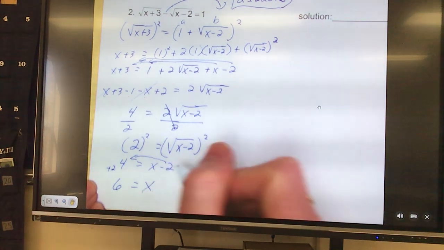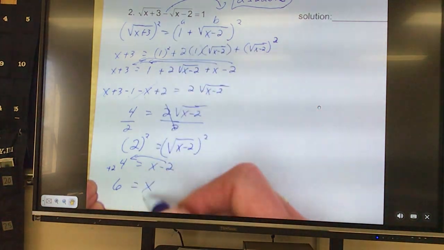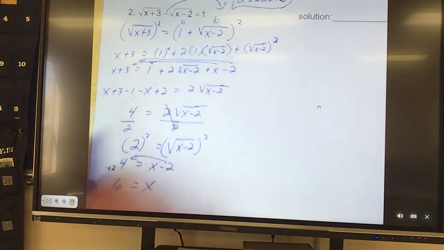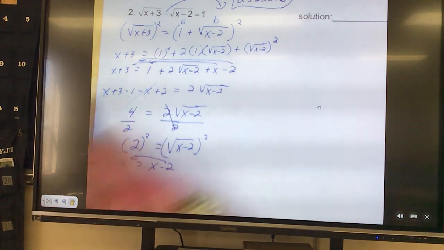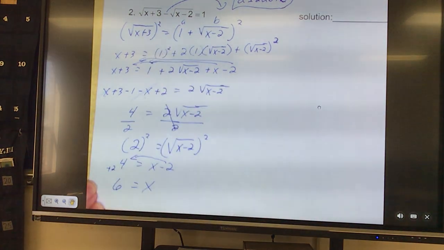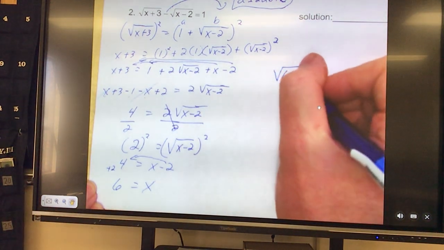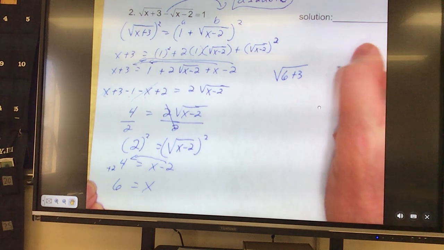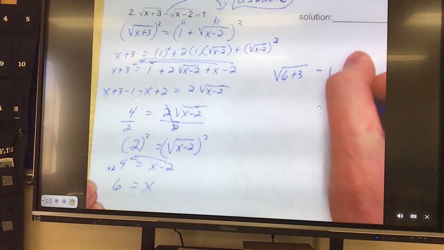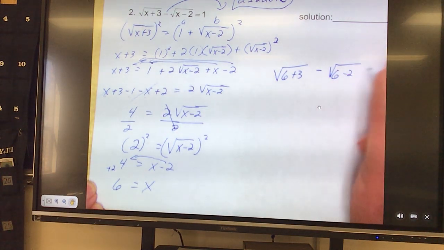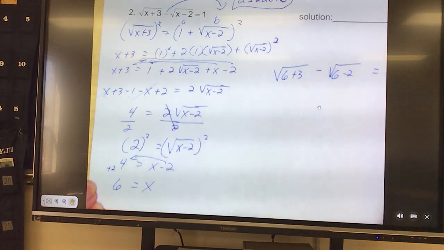Okay, so with that being said, I'm going to plug 6 back in for x in my calculator, hit enter, and hope it equals 1. So I'm going to have square root 6 plus 3 minus square root 6 minus 2, and hope it equals 1.